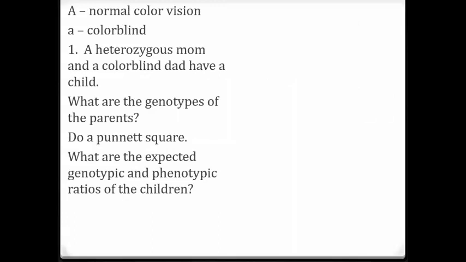If we take a look at some examples then using our X and our Y system, we're going to keep with the normal versus the colorblind. And we're going to look at a heterozygous mom and a colorblind dad. So I think we just had that. We want to know the genotypes of the parents. So if our mom is heterozygous, we need to keep XX for the mom, and we're using the A for colorblind or not, capital A and little a.